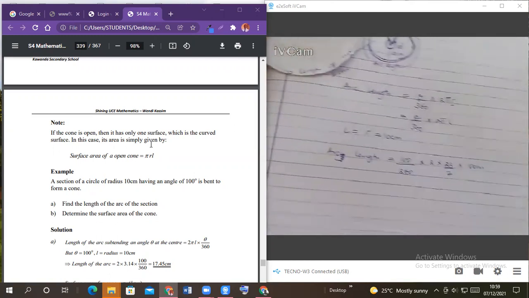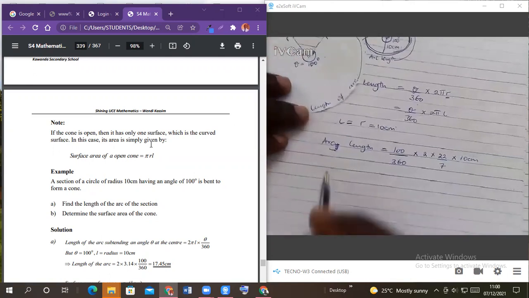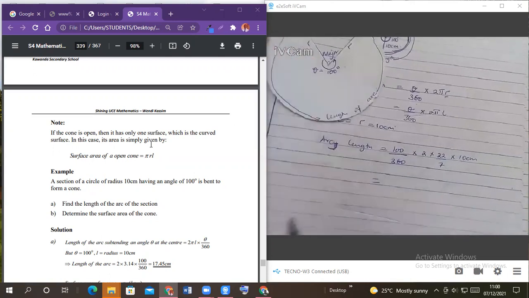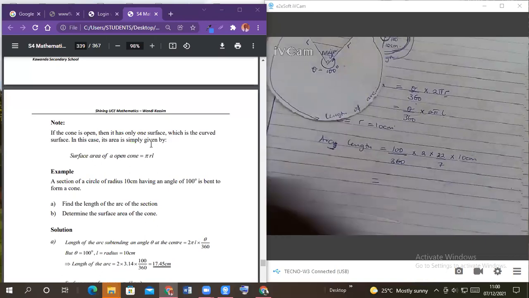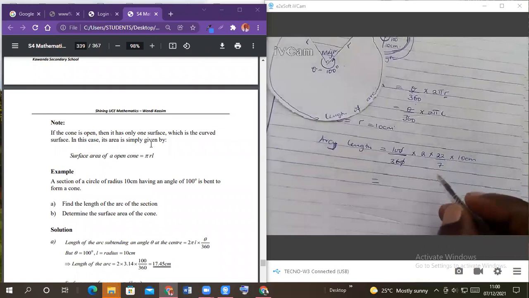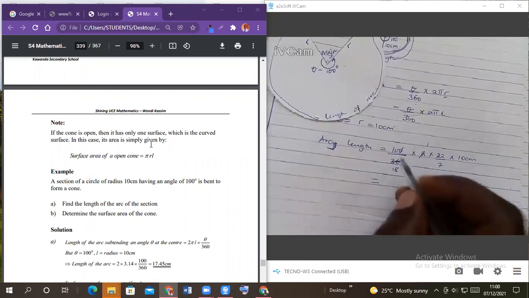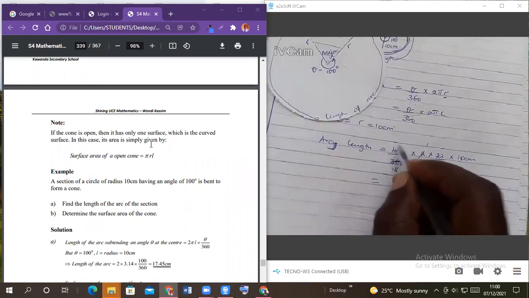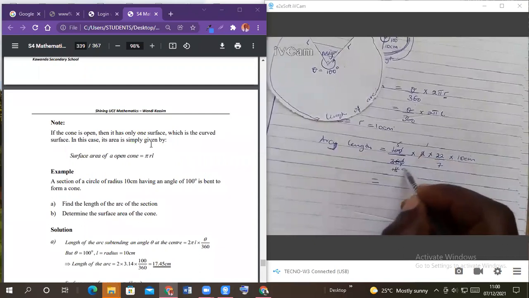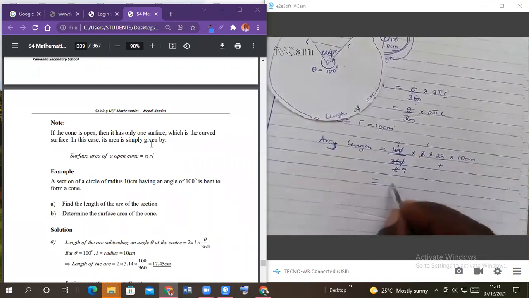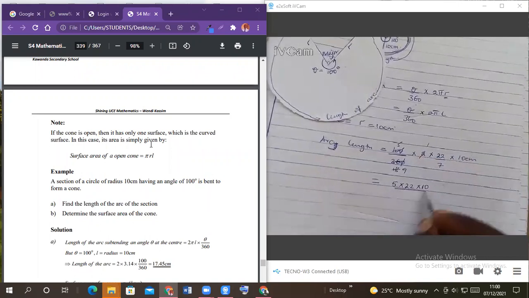So from that case, we can determine the length of the arc that can be used to get the cone. So we cancel, and we shall have 5 times 22 times 10 out of 9 times 7.